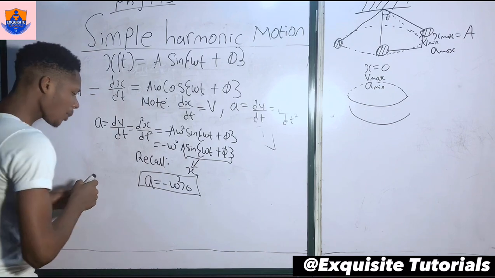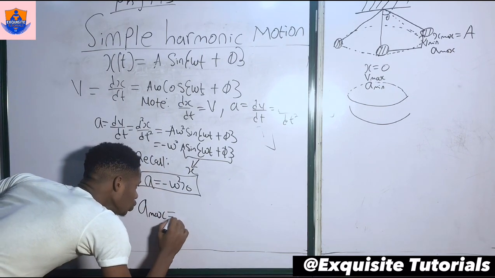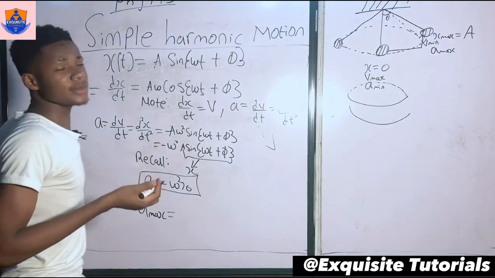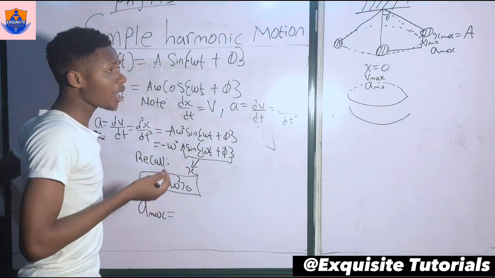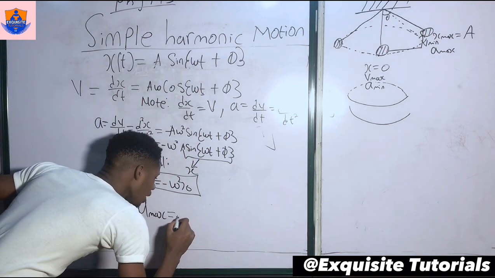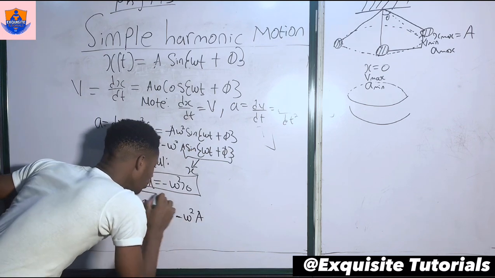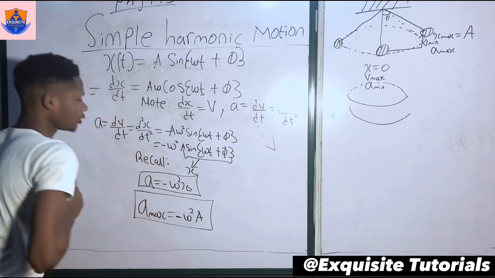So to get maximum acceleration, all we are going to do is replace the normal displacement with the maximum displacement, which we termed amplitude. Therefore, maximum acceleration is minus omega squared a. This is the formula for calculating maximum acceleration.